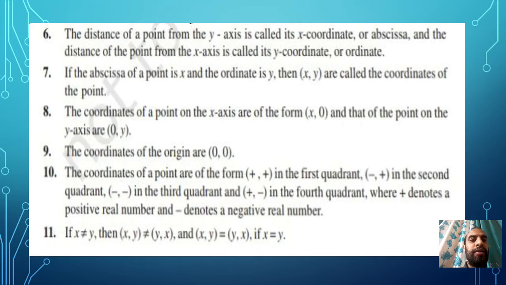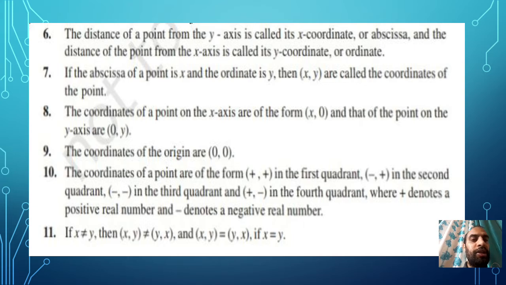Then next thing, coordinates of a point on any axis. If any point is lying on the x-axis, that means we have an x value, and at that time y is 0. This point is very important, my dear students. Here you can make a mistake, because when a point is on an axis, it is not in the quadrants.